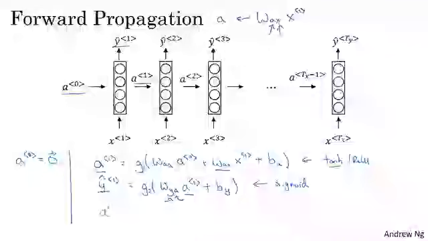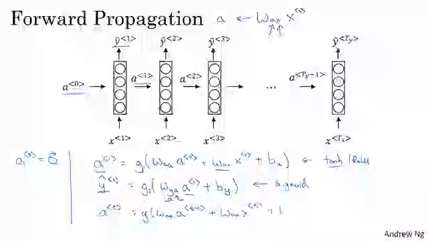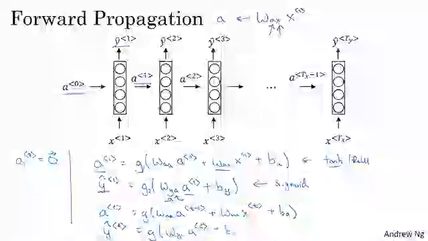And then more generally, at time t, AT will be G of WAA times A from the previous time step plus WAX times X from the current time step plus BA, and y hat T is equal to G, again, could be different activation functions, but G of WYA times AT plus BY.